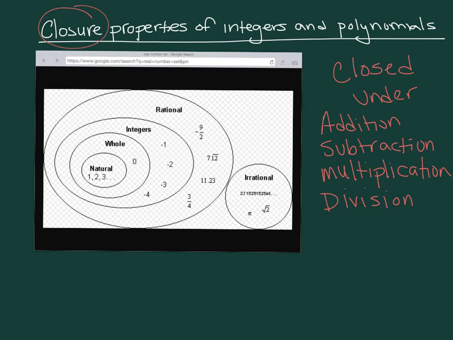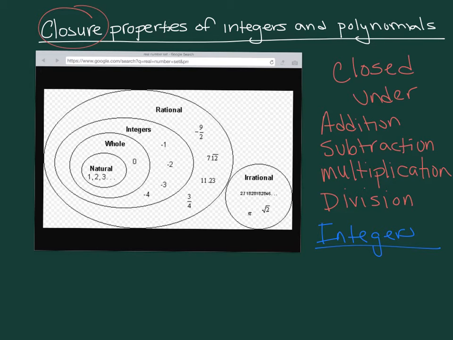Okay, basically what this means is if I apply one of these operations to, and we're going to focus on integers to start off with here, okay? So let's put integers down because that's what we're going to start with. If I want to know if something is closed under addition, subtraction, multiplication, or division, and I'm specifically talking about integers, it's asking me if I take two integers and I add them together, will the result stay an integer?